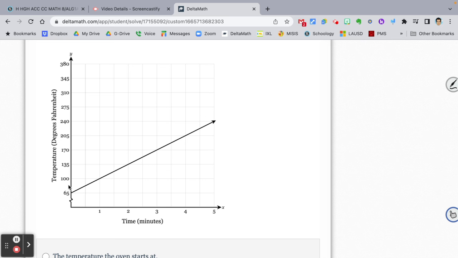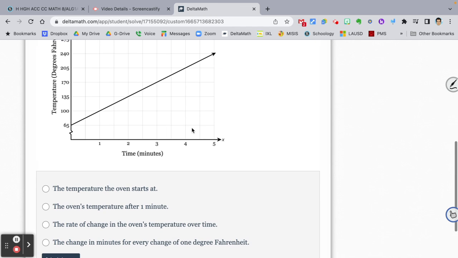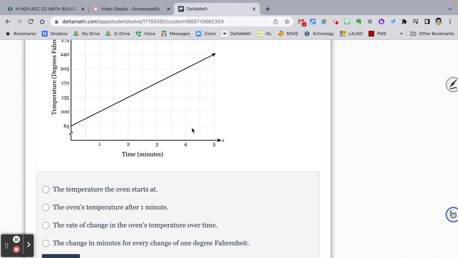So here it is, measuring temperature in Fahrenheit on the y-axis, time in minutes, and we want to know what Y is when X equals 1. Okay, so X equals 1 is here. And that gets us here. So basically we have 1 and 100.